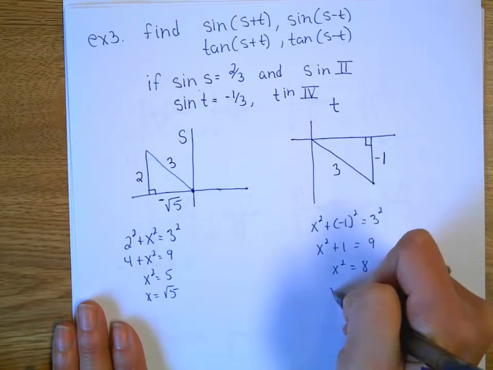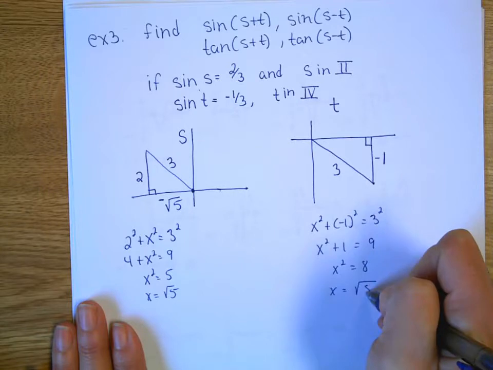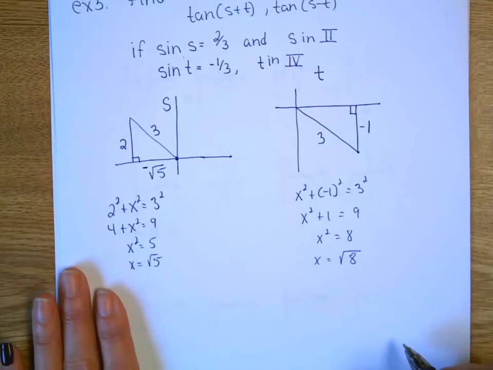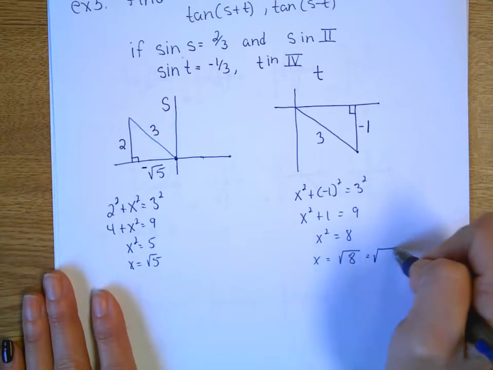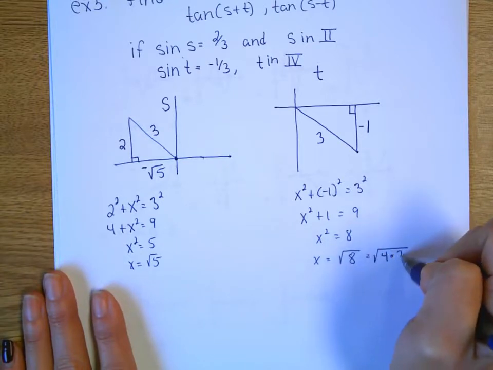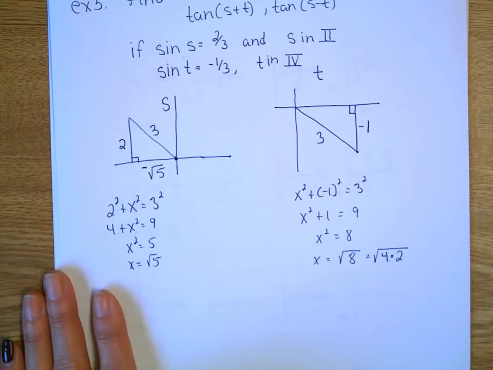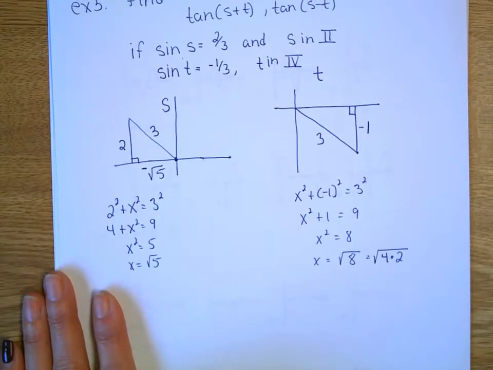Many of you forgot to simplify square root of 8. Because 8 is 4 times 2. What is its simplest radical form? 2 square root of 2.